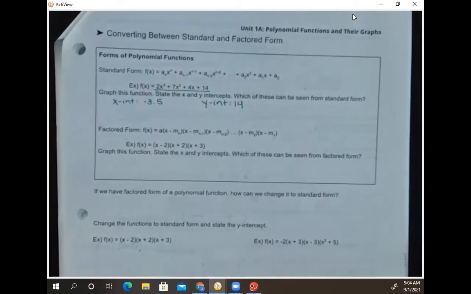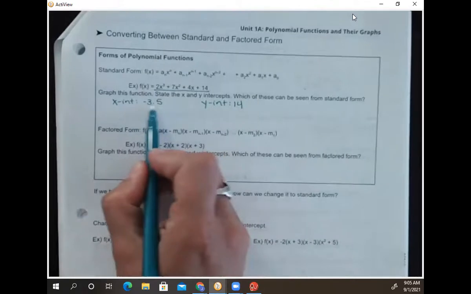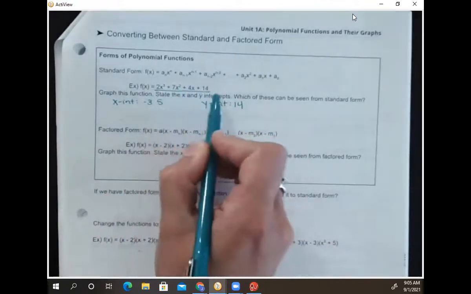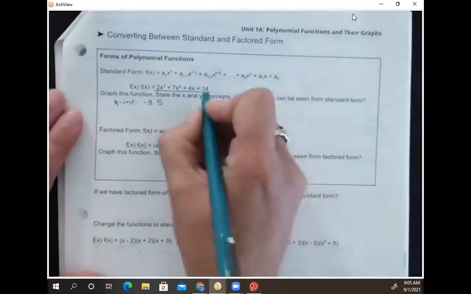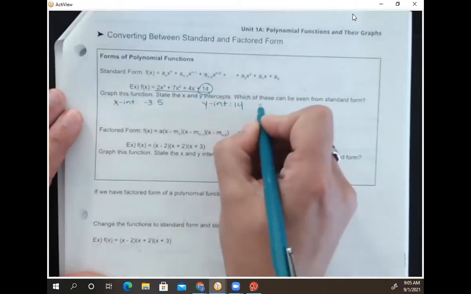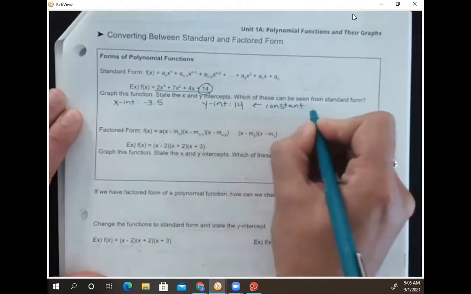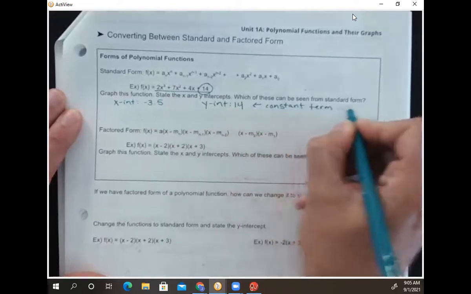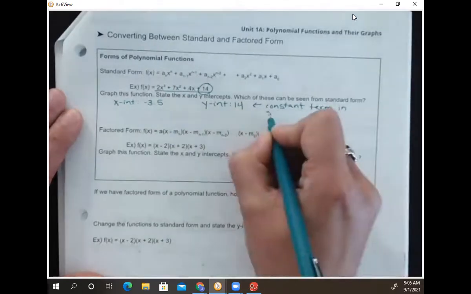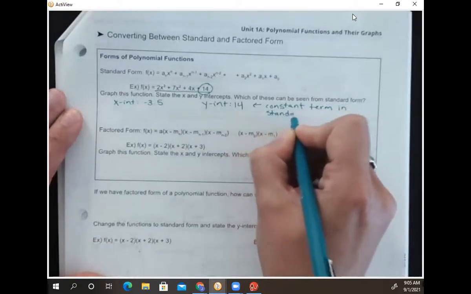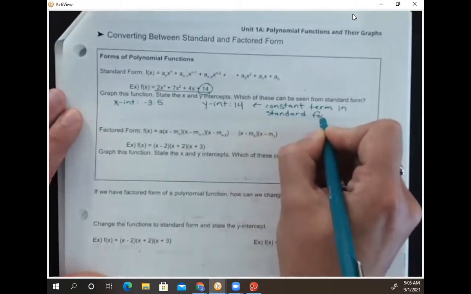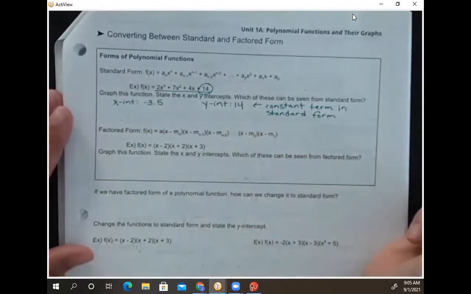Which of those values do I see in standard form? One of these numbers shows up in my standard form equation. That y-intercept, right? It's that constant term at the end. The y-intercept is our constant term from standard form.